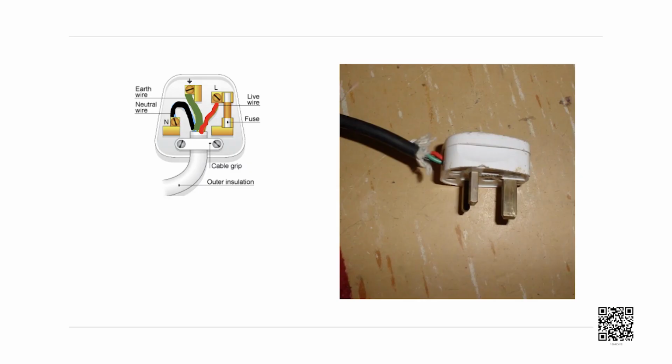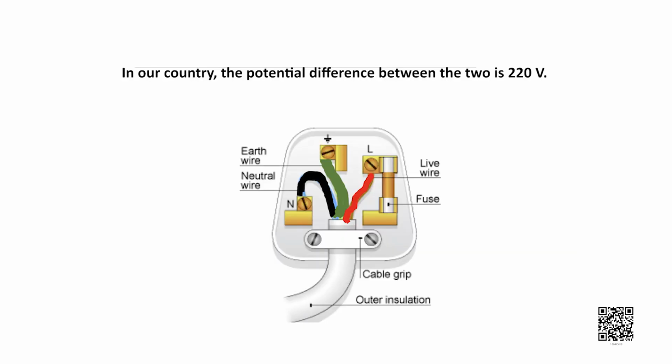One of the wires in the supply, usually with a red insulation cover, is called live wire. That is the positive. Another wire with black insulation is called the neutral wire or the negative. In our country, the potential difference between both the live and the neutral wire is about 220 volts.